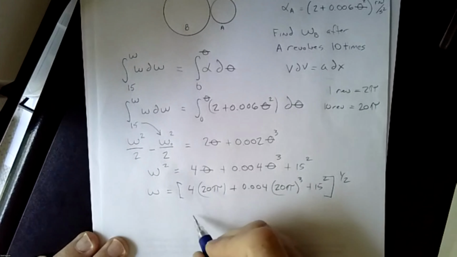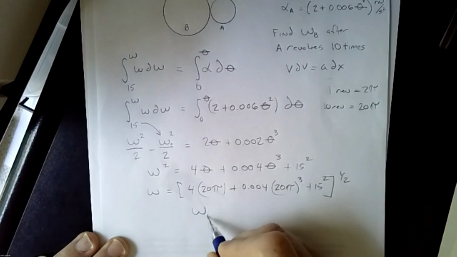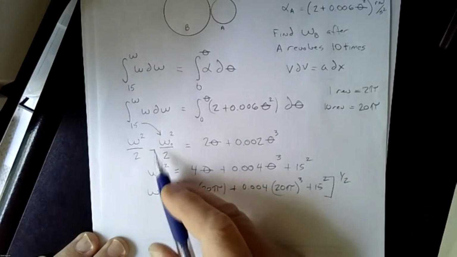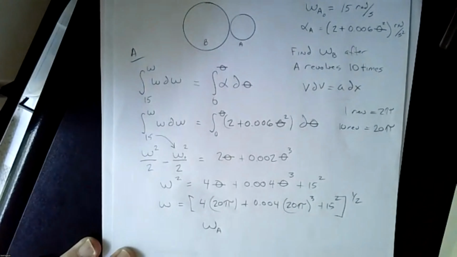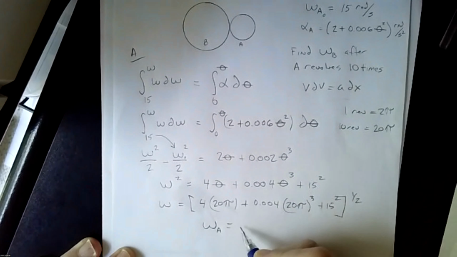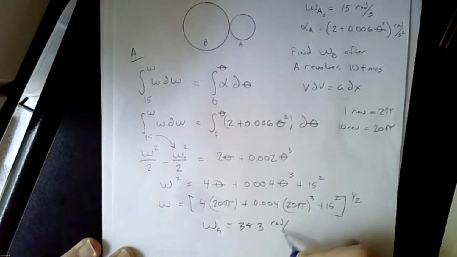And so we end up with omega A, because this omega was for omega A, right? And that's going to give us a value of about 38.3 rads per second.